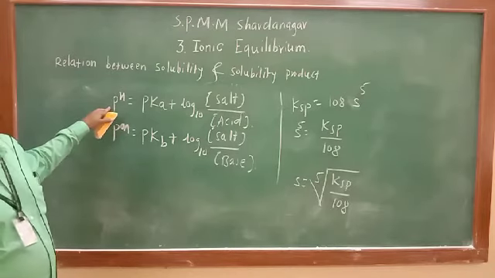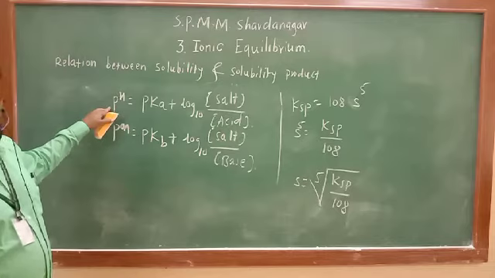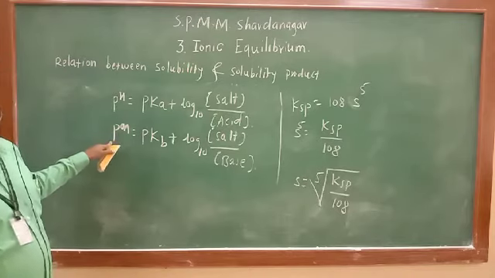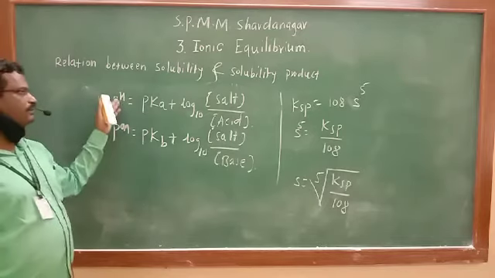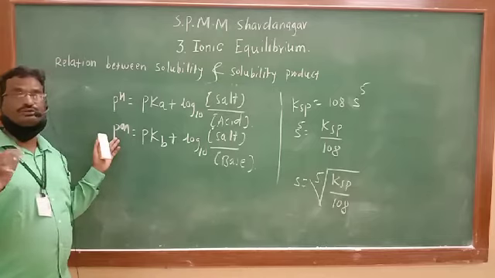This is known as Henderson-Hasselbalch equation. From this also we can solve the problems, but it is not necessary to derive this expression. It is directly given in the buffer solutions.